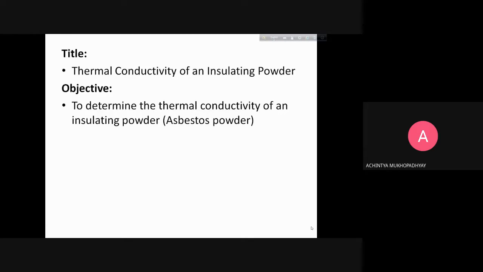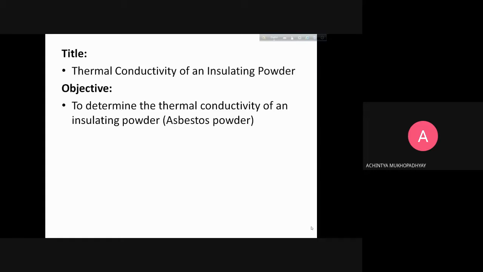Basically, for each experiment, there is a title and an objective. You are familiar with this format from your electrical lab also, right? Yes, sir. Not one objective, there can be multiple objectives also. Here the title is the determination of thermal conductivity of an insulating powder.